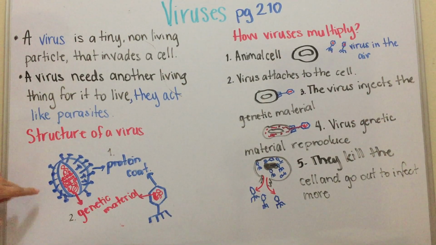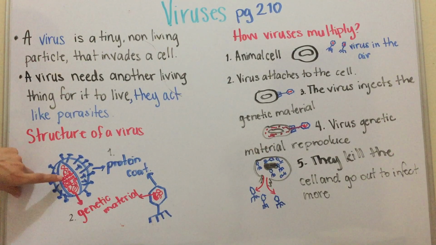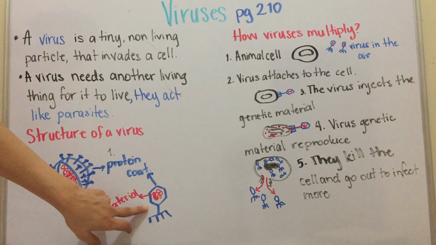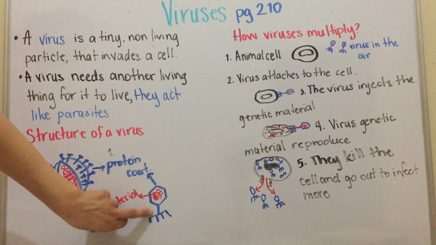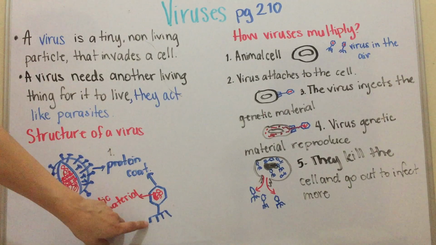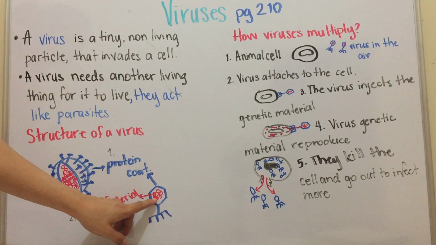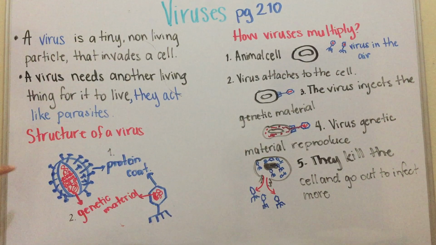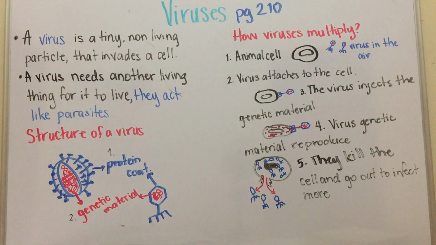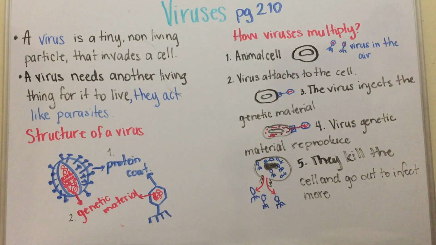Viruses can be round with spikes like this one and have the genetic material on the inside, or they can also be well arranged and look like tiny robots like the one you see here, with a head, a body, and legs, and they have the protein coat outside and the genetic material on the inside. This protein coat works so that they can attach to a cell the way that we see here.